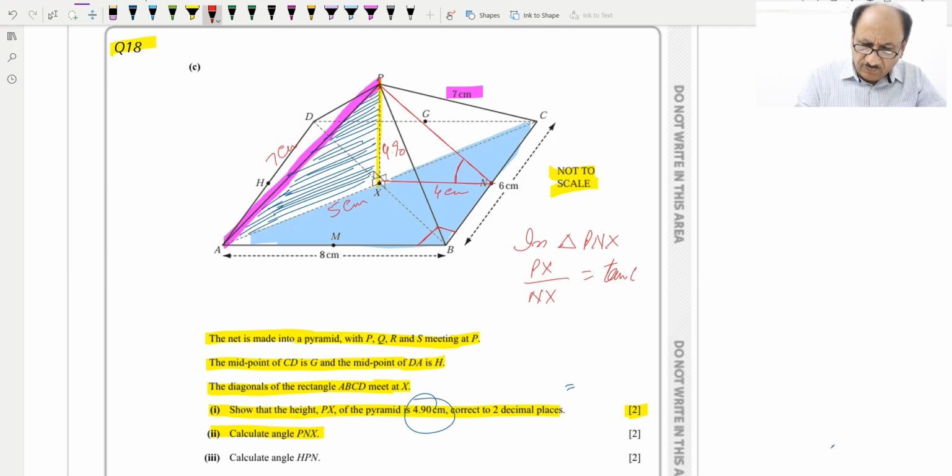So tan theta will be equal to PX, which is 4.90, divided by 4. So we can calculate this. Theta will be equal to tan inverse of 4.90 over 4.